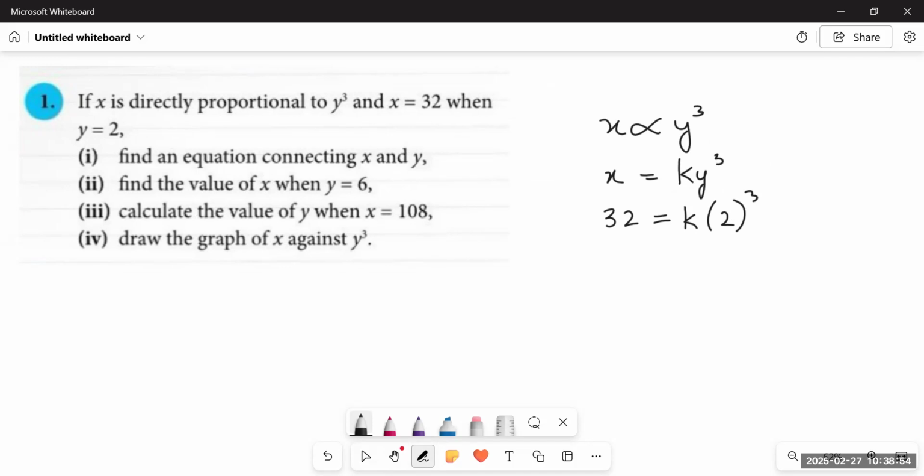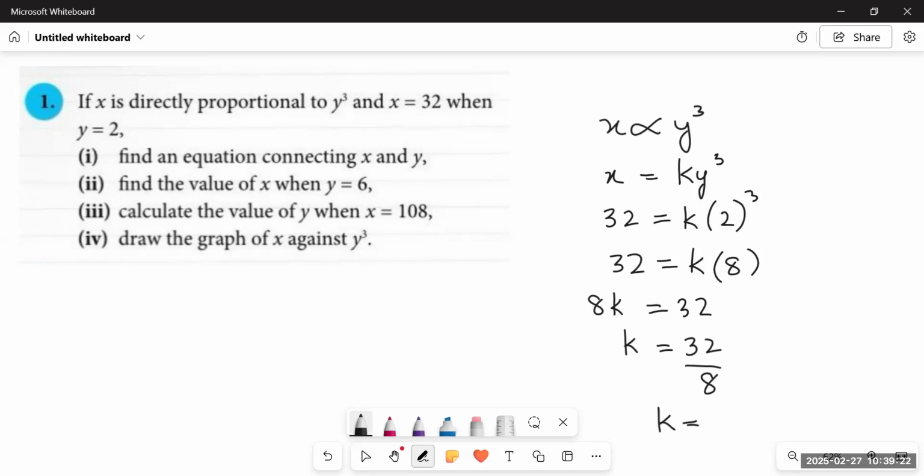So 2 raised to power 3 is 2 multiplied by 2 multiplied by 2. When we write it in expanded form, it becomes 8. 2 2s are 4, 4 2s are 8. It means 8k is equal to 32. Now making k the subject, 8k equals 32, and when I divide by 8, I get 4. It means the constant k is equal to 4 in this question.